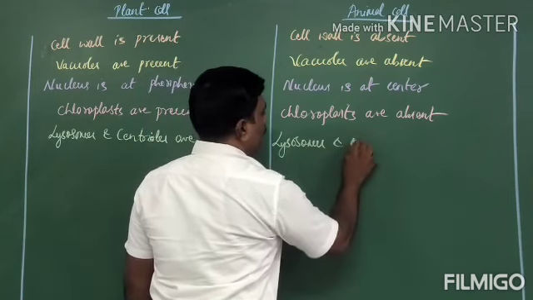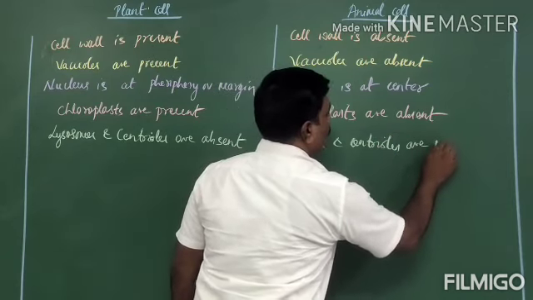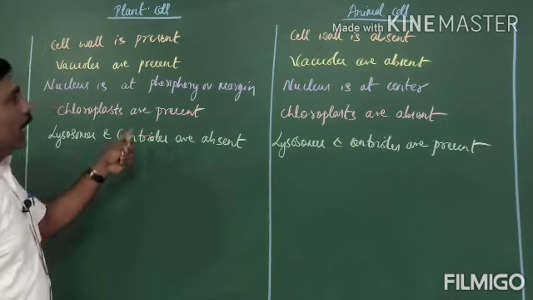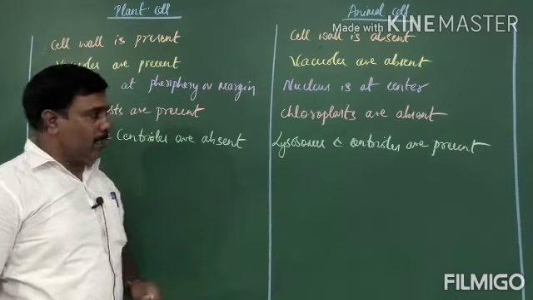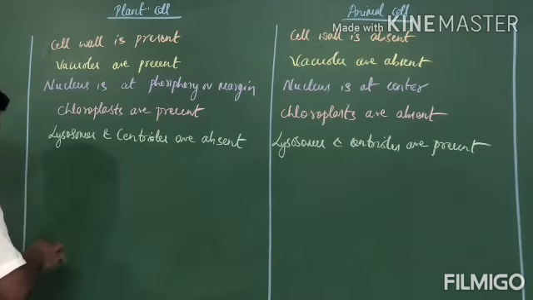Lysosomes and centrioles are present in animal cells.